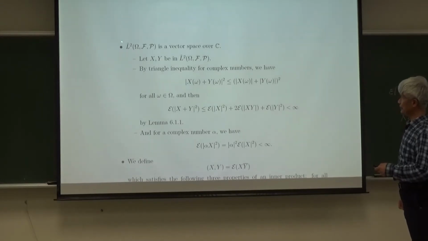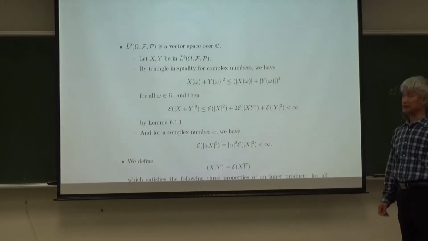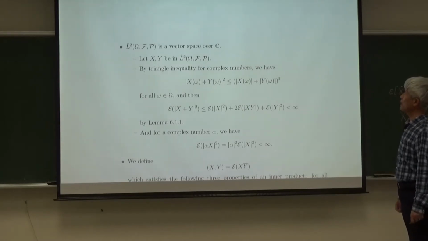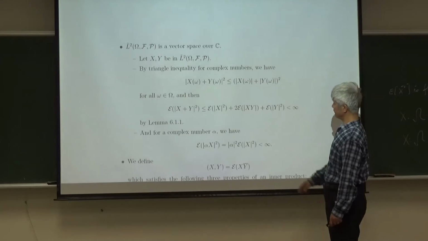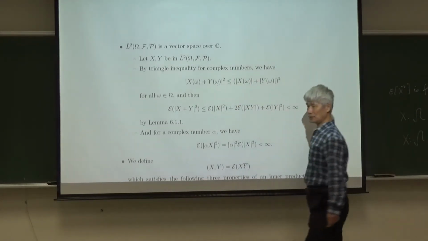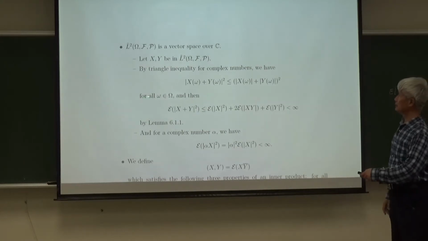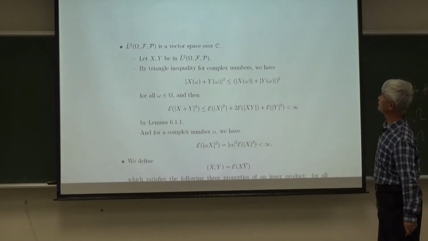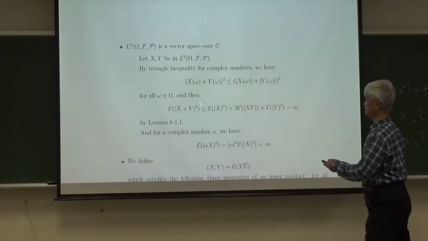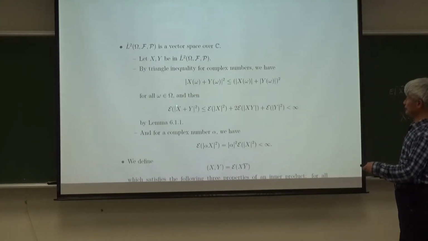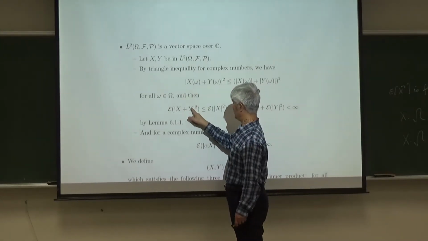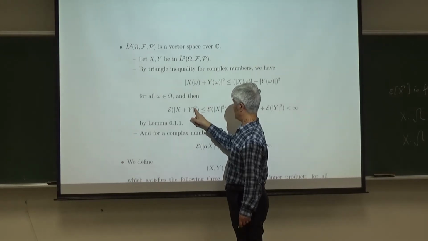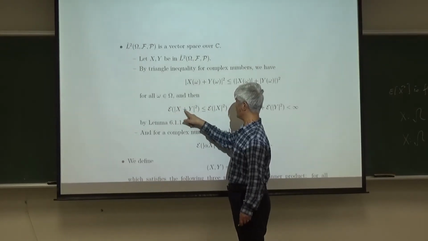Now we can show L2 space is a vector space over C. By the triangle inequality for complex numbers, for any complex numbers we have this triangle inequality. And then by taking the expectation, the square is the second moment of the absolute value of x plus y.